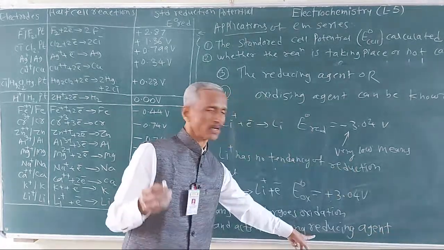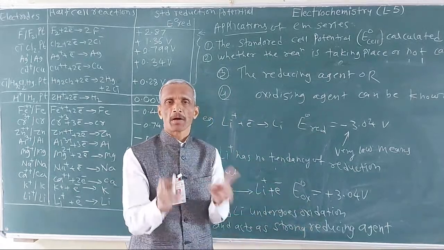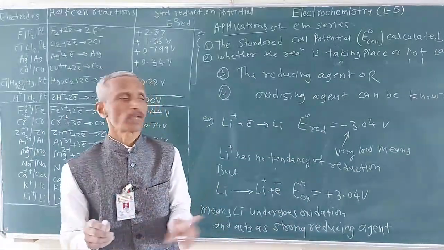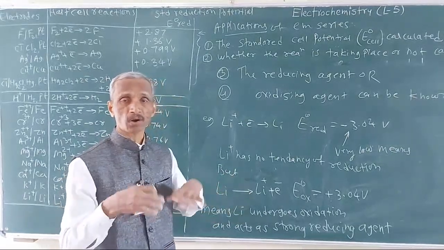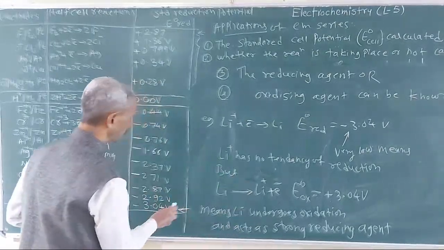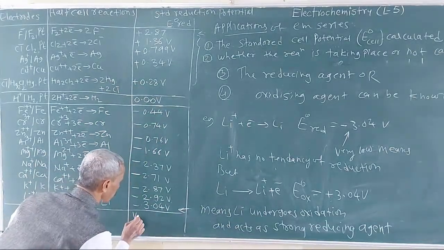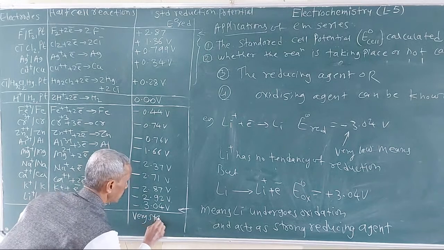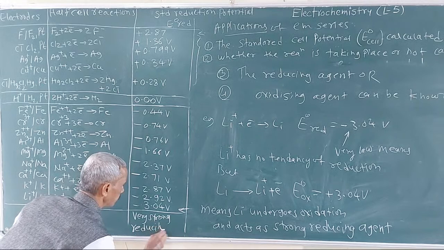What is the definition of a reducing agent? It is a substance which reduces others, and itself undergoes oxidation. So here lithium undergoes oxidation itself, therefore it is a strong reducing agent. So one can write here, this is a very strong reducing agent.